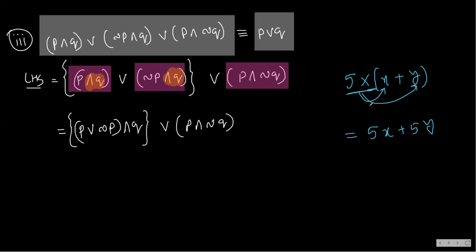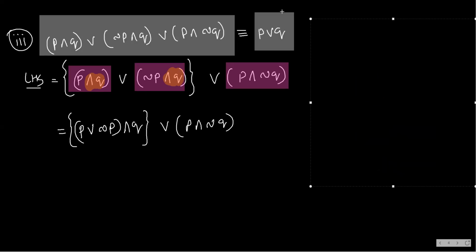If I can distribute multiplication of 5 over sum, I can also take 5 common. Yes or no? 5 into x, 5 into y, so I can take 5 common, and I get x plus y. So it is the same thing we are doing here. Distributive property it is. I hope you have followed.